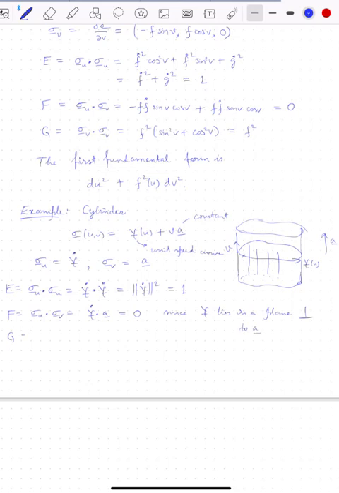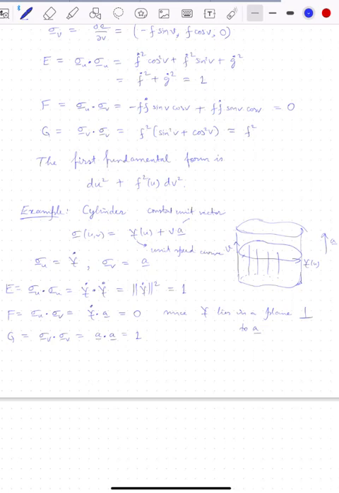And then we have G is equal to sigma v dot sigma v. This is just a dot a, and this a happens to be a constant unit vector. So this is also equal to 1.